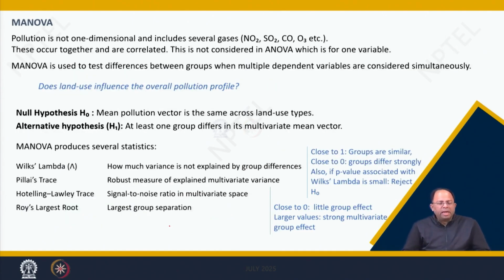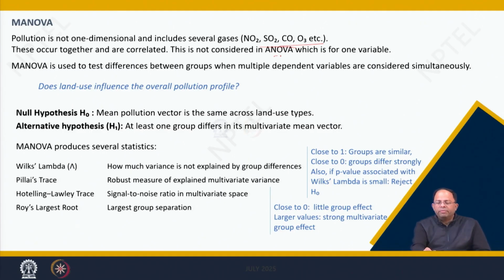Then we come to MANOVA, where we are doing a slightly different analysis. As we already understood, pollution is not one dimensional, so we can have many gases together. What we are trying to understand is whether these occur together or are correlated.